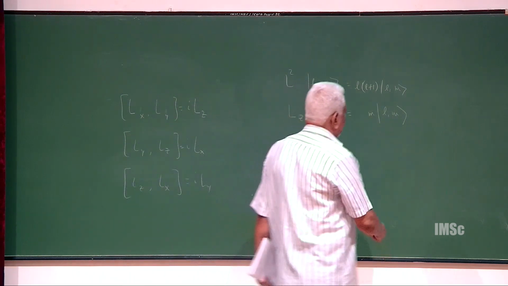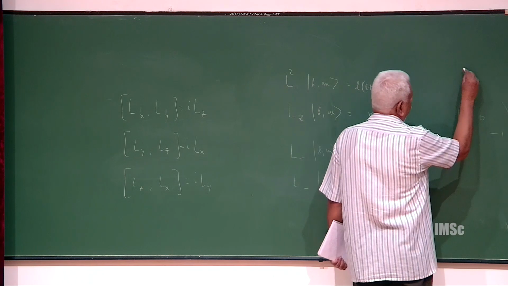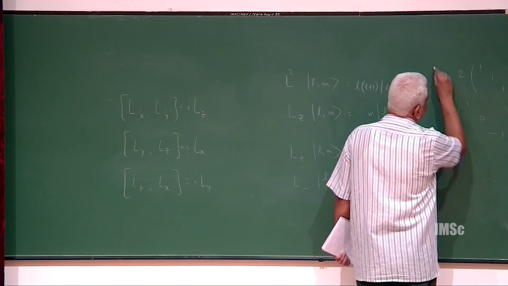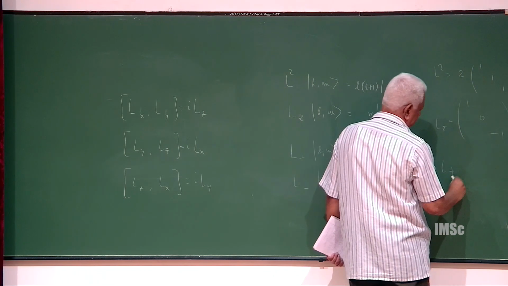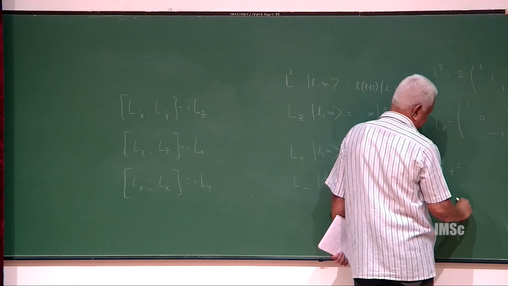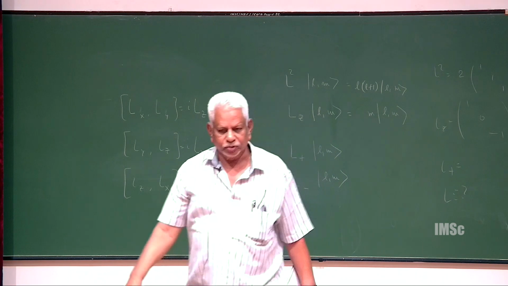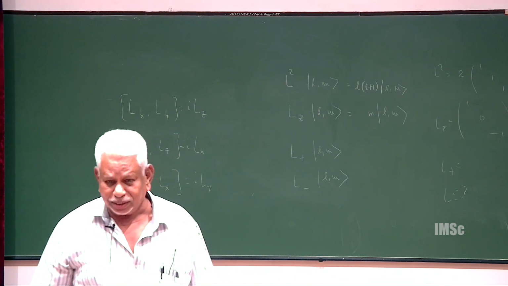For example, for 1, 0, minus 1, L square will be 2 times the identity, and this is Lz, and I should tell you what L plus and L minus are as 3 by 3 matrices. I have already given you Lx and Ly in that case.